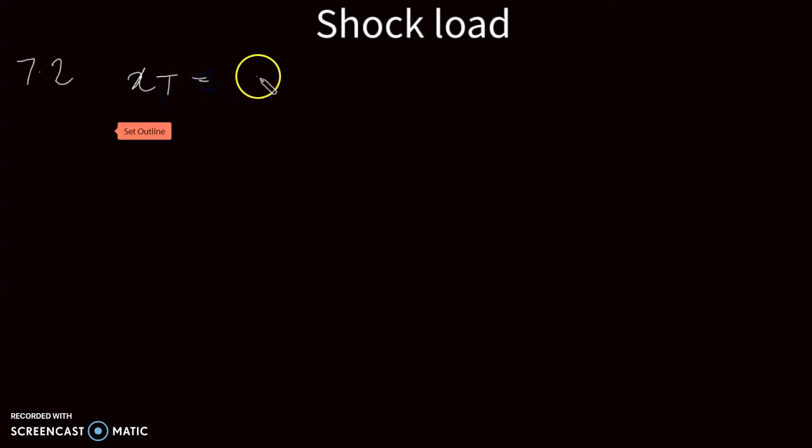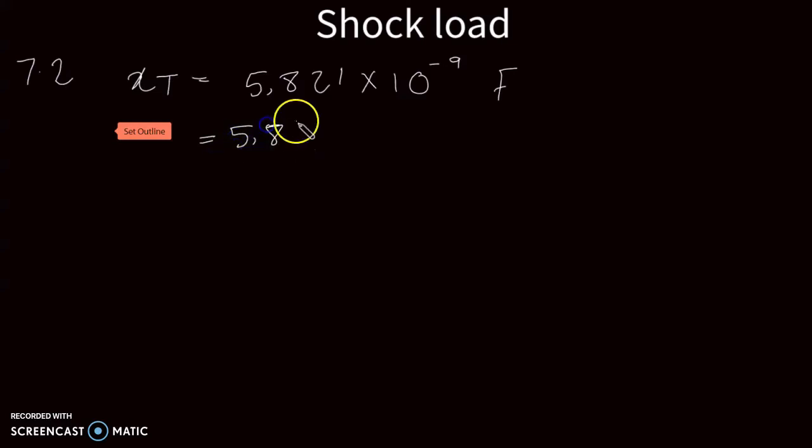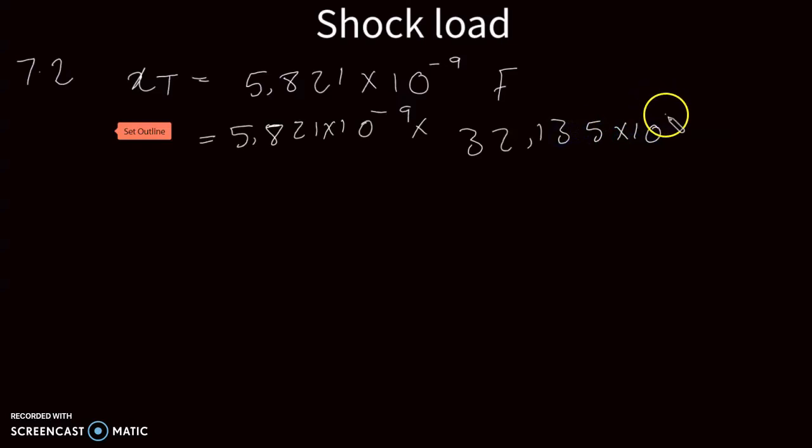Remember, we have an equation like this, which we got in terms of F. But now we do have the value of F, so we can put F here and get the total extension, which will be 5.821 times 10 to the power negative 9, and the value of F, we got that it is equals to 32.135 times 10 to the power 3.